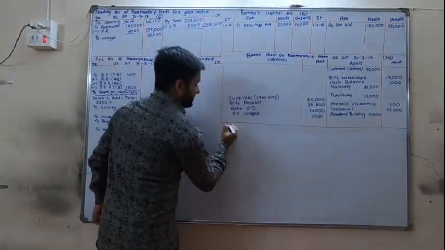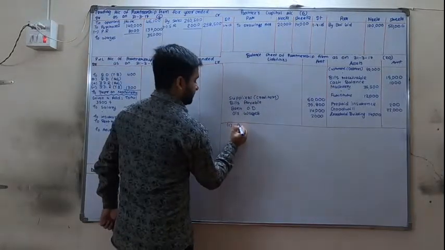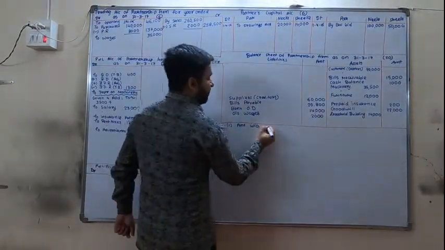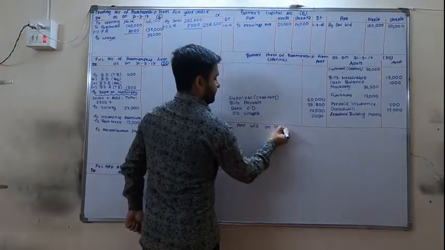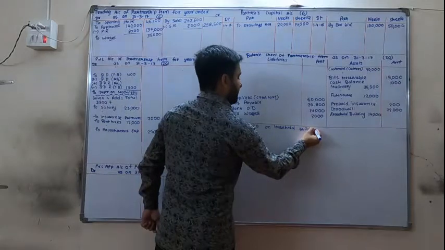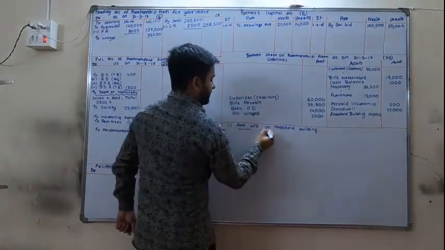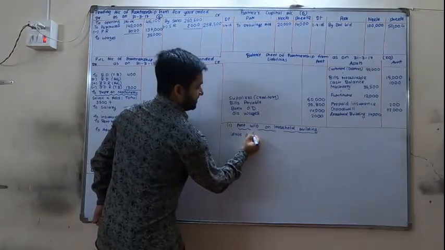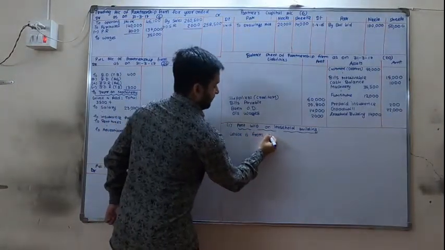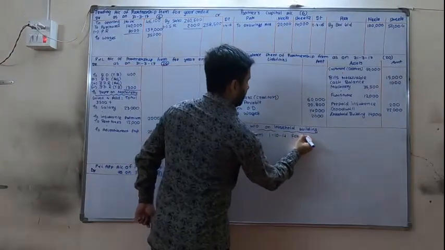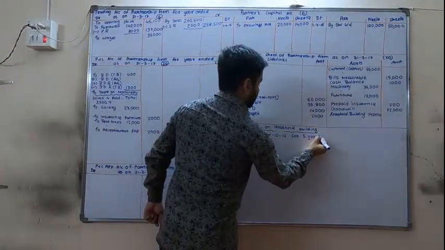Okay, so in calculation number 1, amount written off on leasehold building. Now for that we will write: lease is from 1/10/14 for 5 years.